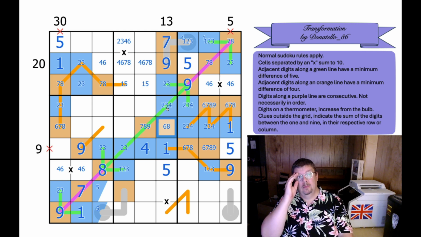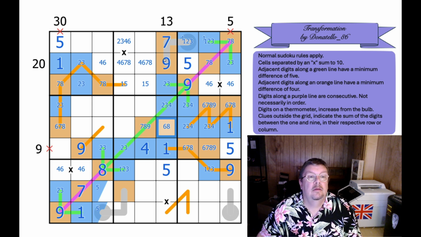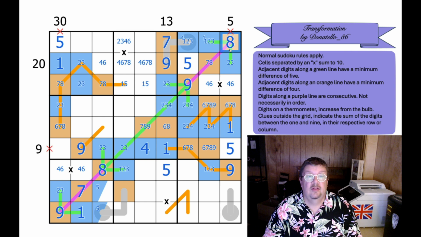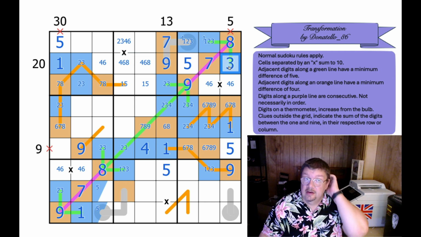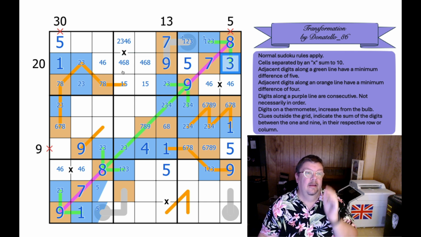Okay, that's 7, makes that an 8, and that a 7. Aha, that takes out a 7 from there. This must be a 3, because I had to add up to 10.